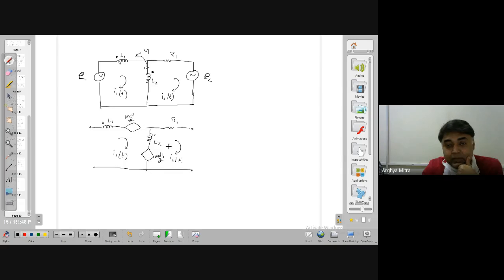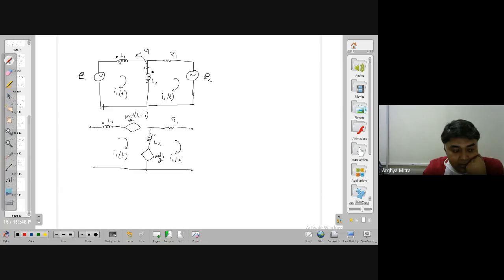I'm considering the current flowing through this branch for this particular loop, so let it be I2 minus I1 in this fashion. Keep this in mind. So just imagine that if current entering this dot means it is positive, current leaving this dot means it is negative, or vice versa, whatever.